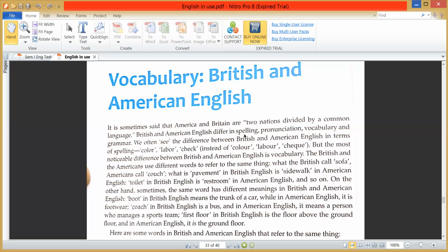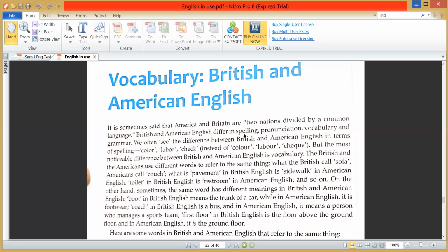The spelling is slightly easier, whereas the pronunciation and vocabulary differ because they tried to make it more westernized, more classy or polished, by calling a sofa a couch and pavement a sidewalk. They even changed their grammar rules.